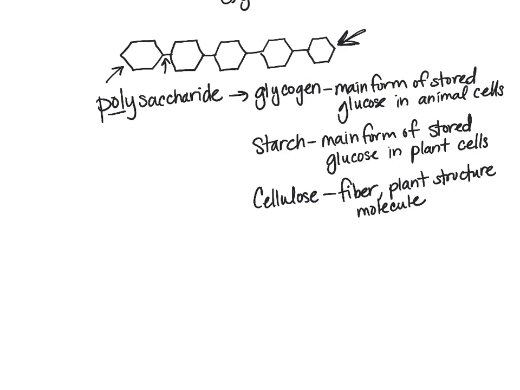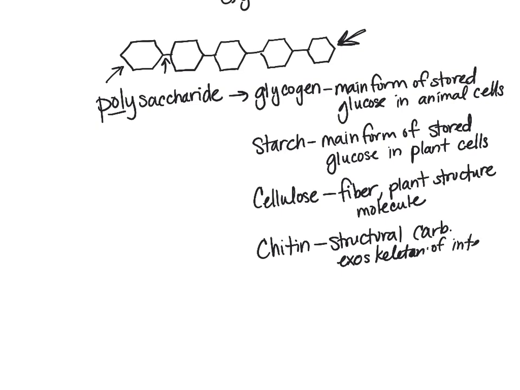And then there's one last polysaccharide you should be aware of, and this is called chitin. Chitin is also a structural carbohydrate. This structural carbohydrate is found mostly in the external layer of insects, so this is the exoskeleton of insects.